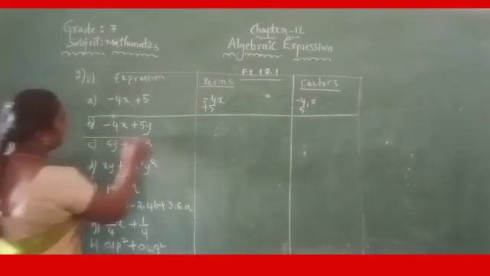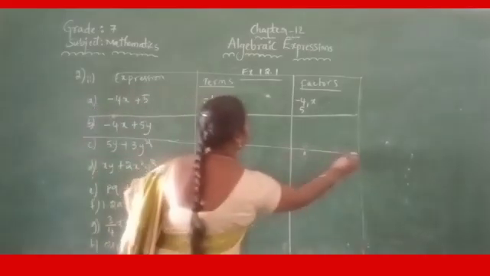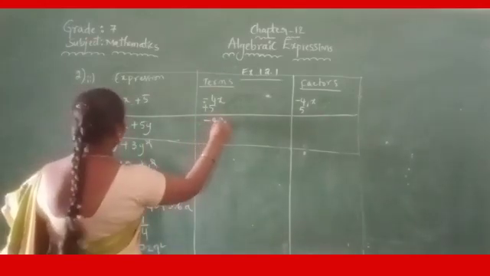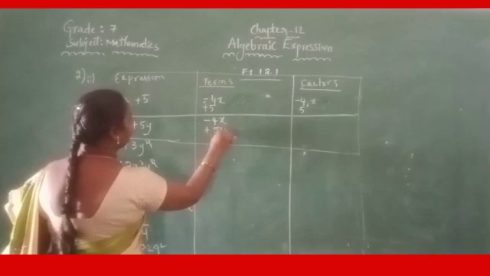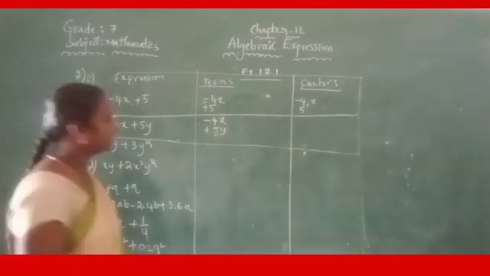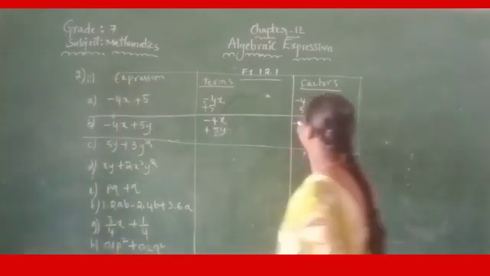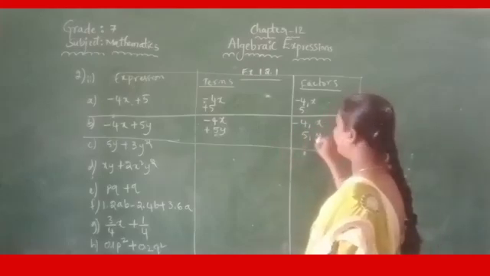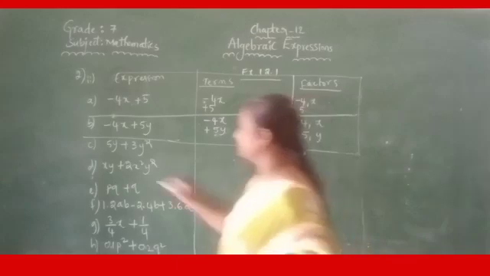In the second one, how many terms do we have? Very good, 2 terms. So what are they? Here also minus 4x plus 5y. What are the factors? Factors are minus 4x plus y, and y. These are the 2 factors.